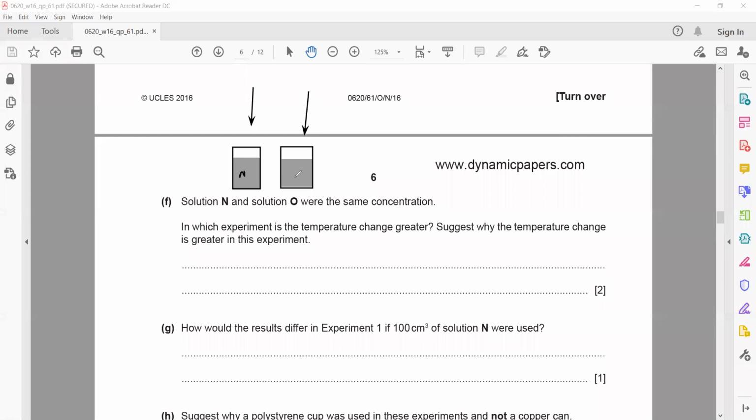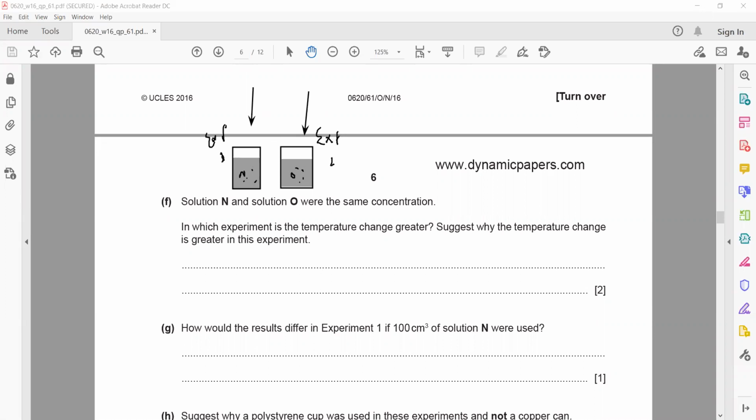Solution N and O have the same concentration, means same number of particles in a unit volume. But when we observe experiment 1, we find that experiment 1 shows a greater change in temperature as compared to experiment 2 from the results. What could be the reason for that?